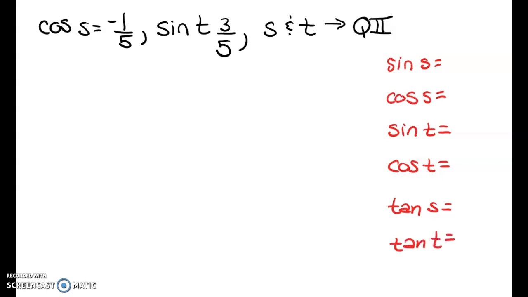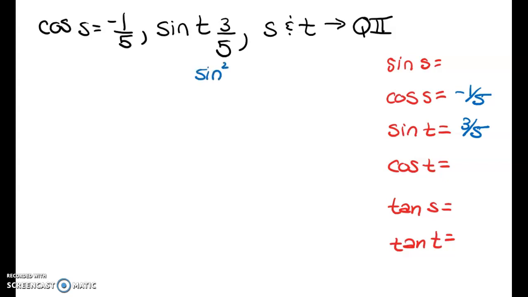So let's get started on finding those. So we currently have -1/5 for the cosine of S. The sine of t is 3/5. And both of our angles are in Q2.